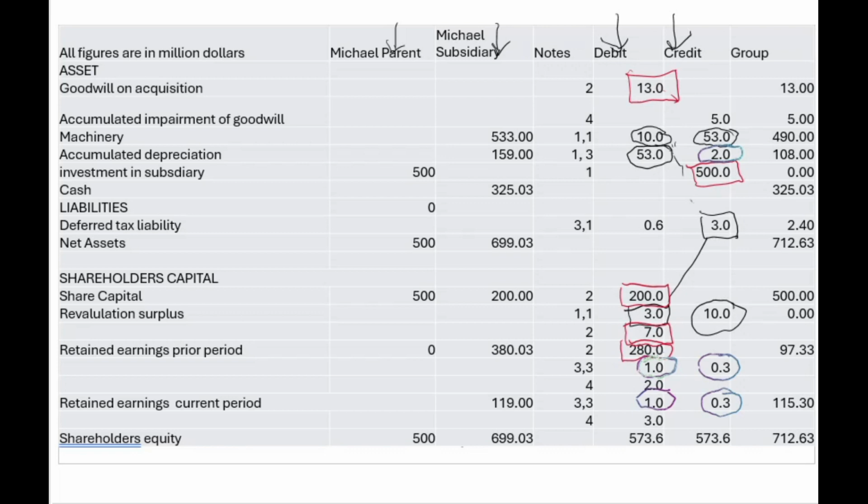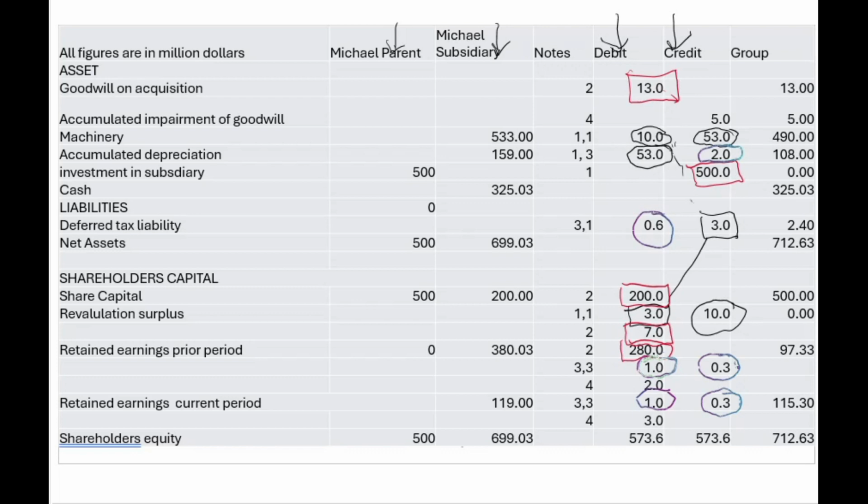And then our fourth journal entry, the deferred tax liability, is 0.6, because this income tax expense of 0.3 and this 0.3 of the previous period and the current period are being credited here, and that's going to decrease the deferred tax liabilities for 2 years, and that's 0.6.